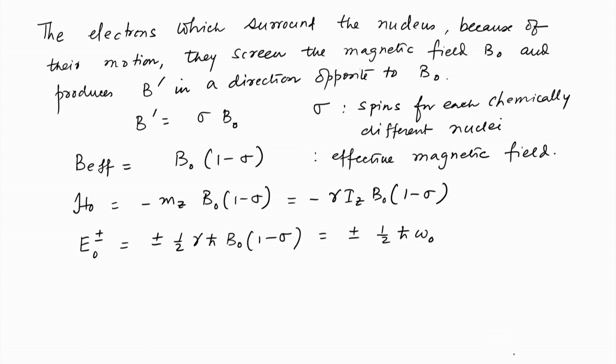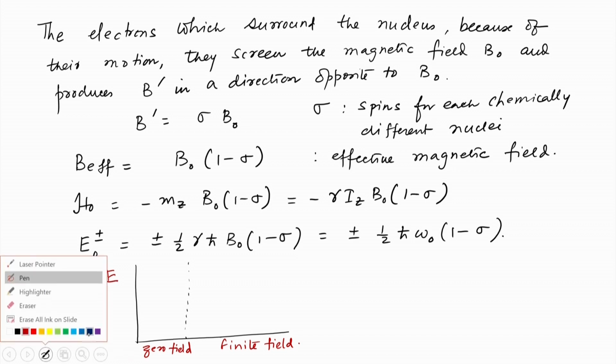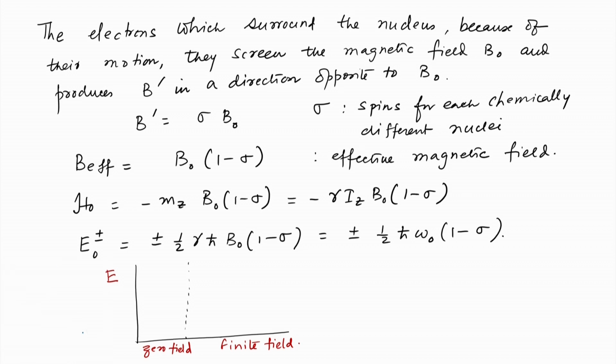So, let us write it as omega naught and 1 minus sigma, and so this is the energy spectrum that comes out. If you look at the spectrum, this is the line at 0 field, and this is finite field, and this is of course the energy E. Without field there is no splitting.